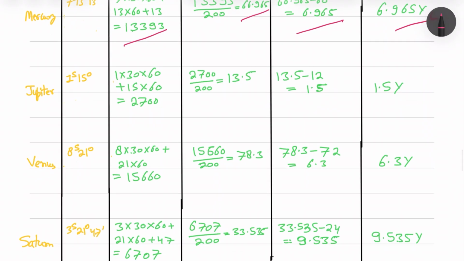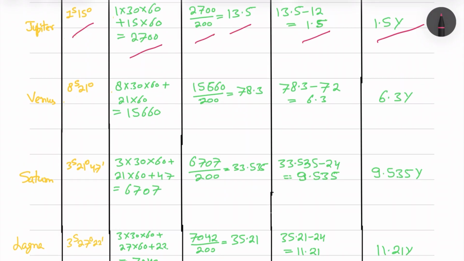Similarly, Jupiter is 1 sign 15 degrees. So we get 2700, divided by 200 we are receiving 13.5. We subtract 12 from it so we receive 1.5 years for Jupiter. Venus is 8 signs 21 degrees. Converted we receive 15,660 minutes. Divided by 200 we receive 78.3. We subtract the multiple of 12 so we receive 6.3 years for Venus.